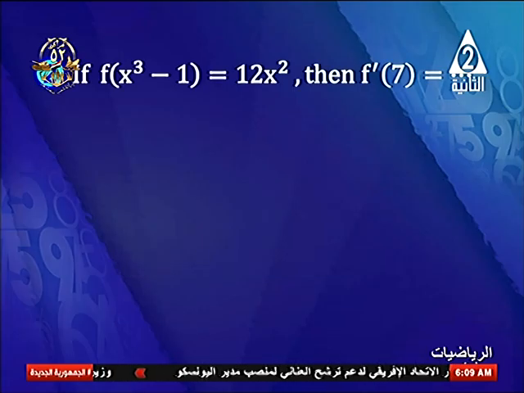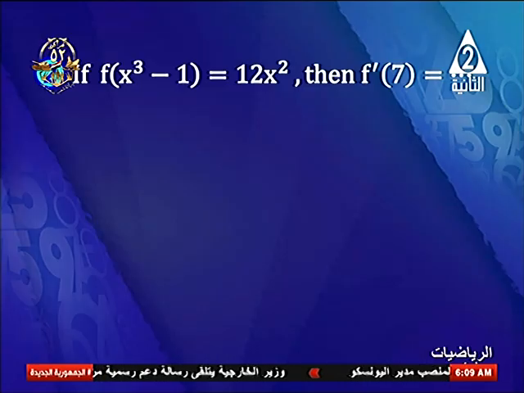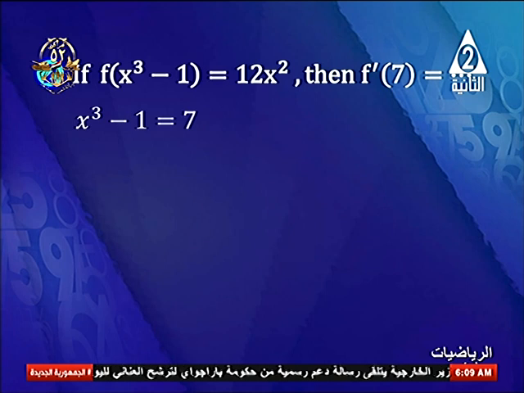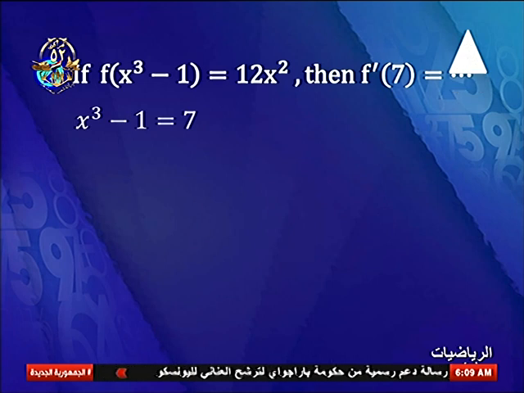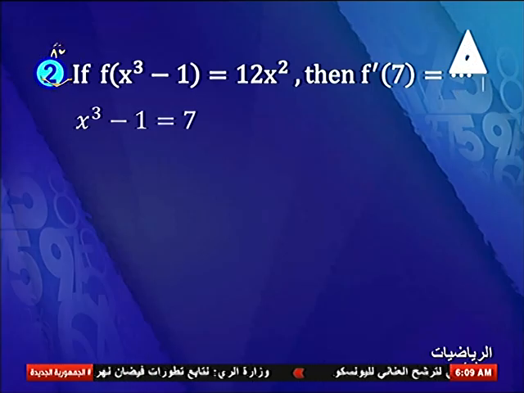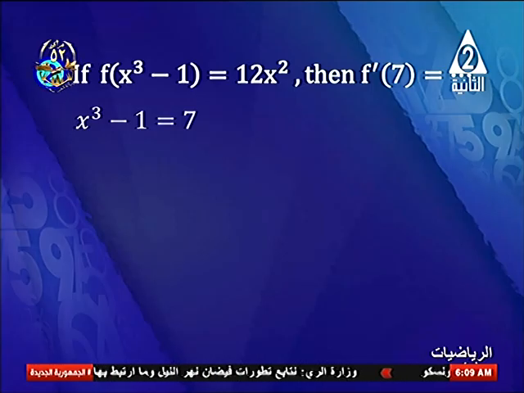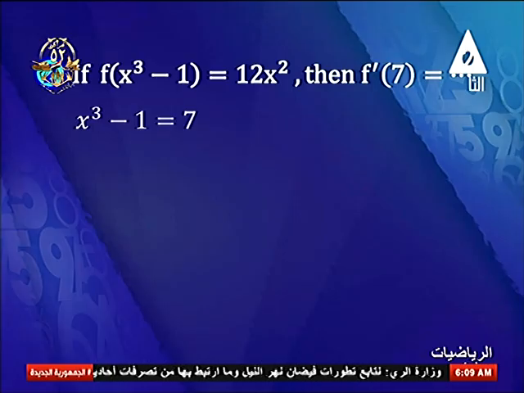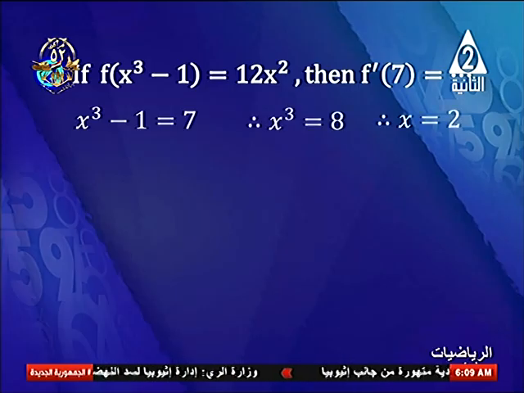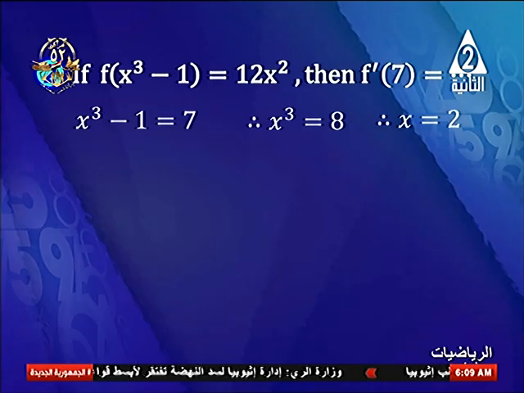If we have f function of x power 3 minus 1 equals 12x squared. In this case, the required is f dash of 7. Find the first derivative when x power 3 minus 1 equals 7. In this case, x cubed equals 8. Then x equals cubic root of 8, which is 2.